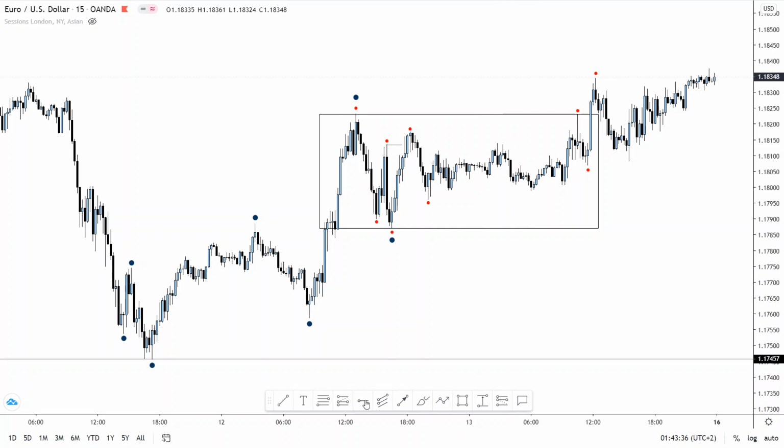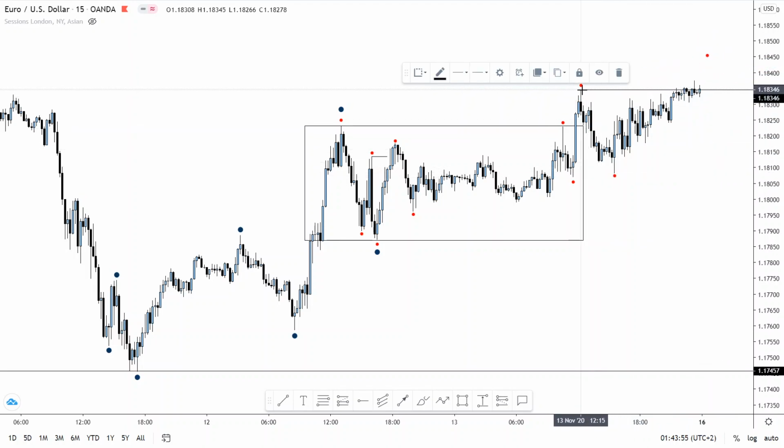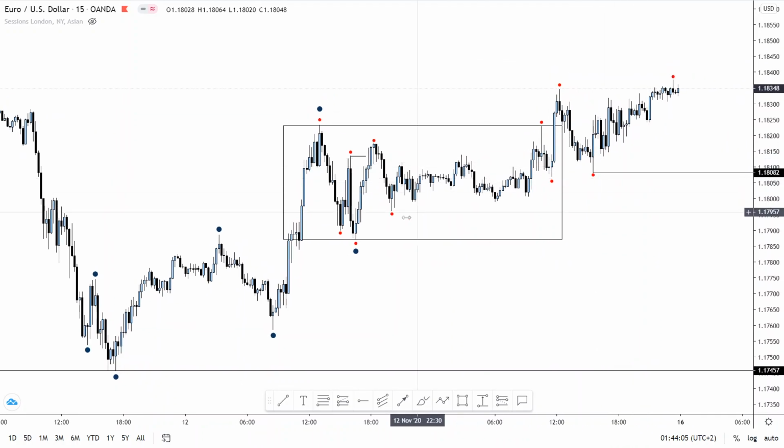It never broke below this previous one. Look at it, because the structure is correct, right? So right here we made a new high here, so we don't want to see price trading below this low.